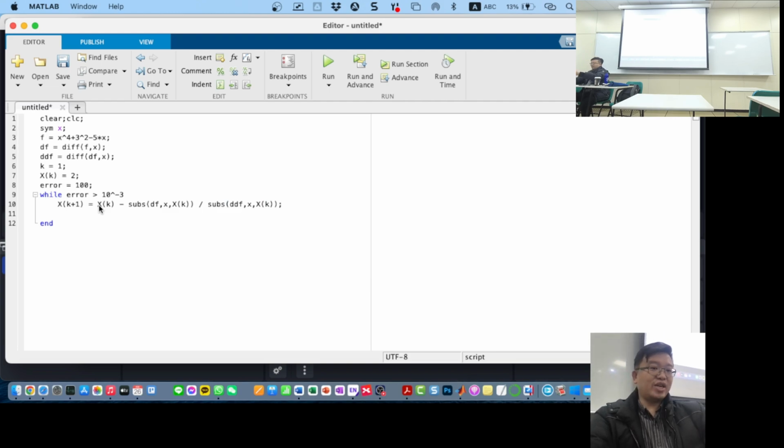That will give me my new x. And I will update my error value as the absolute value of xk plus 1 minus xk. Only difference is that in my lecture notes, I start with k equals 0, but over here in MATLAB, variable index cannot start with 0, it starts with 1.